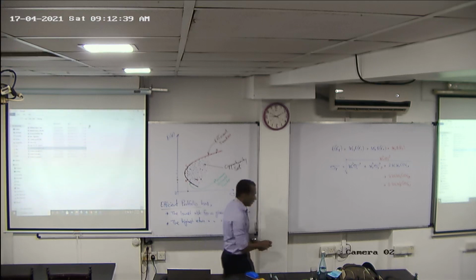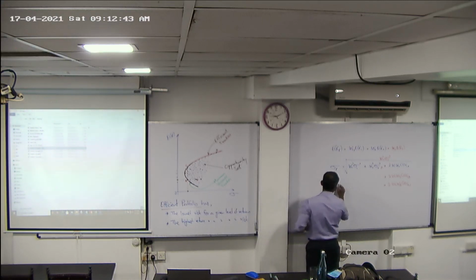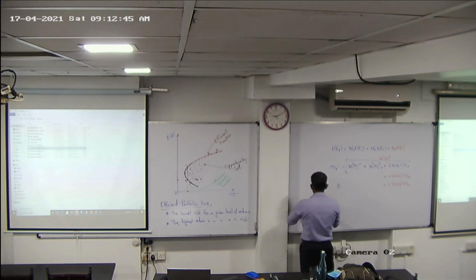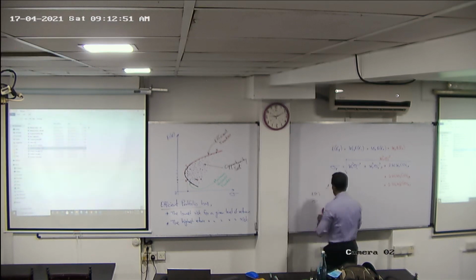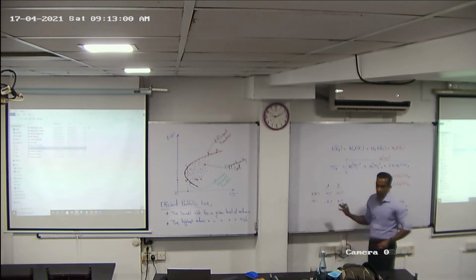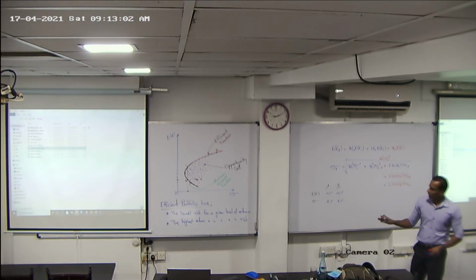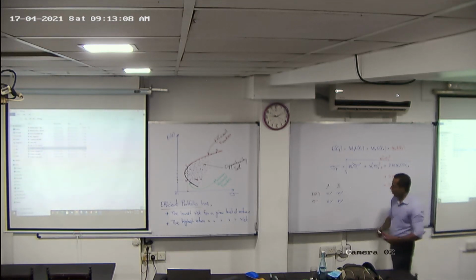Because when we have two assets like this, and if these are the expected return and the standard deviation, which one is better? That's simple. Asset A is better. Why? The same expected return with relatively low risk.